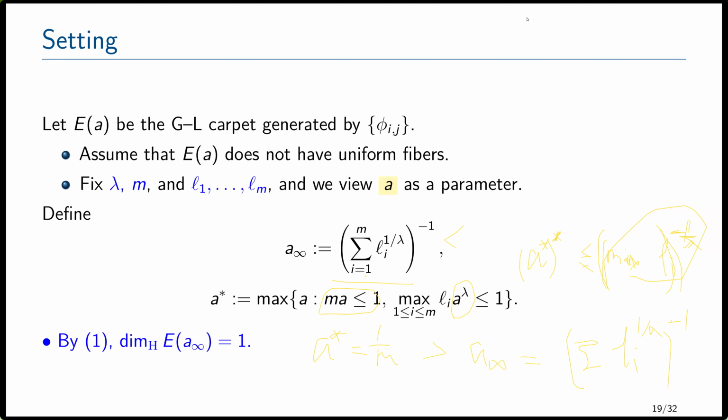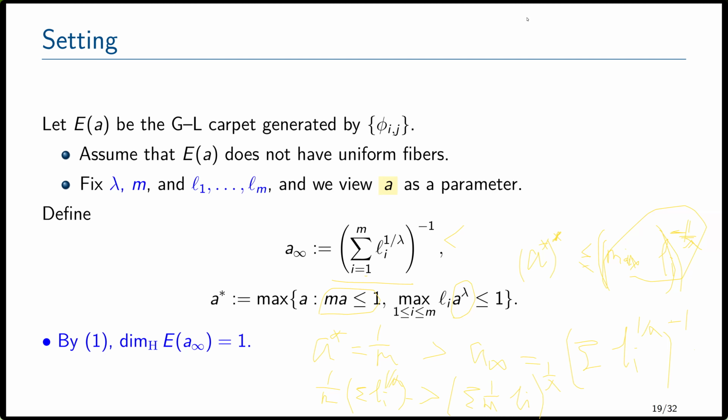So if we multiply this sum by 1 over M, we apply Jensen inequality, since x to the power 1 over lambda is a concave function because lambda is greater than 1. So we get it is greater than the sum of 1 over M times Li to the power 1 over lambda. And the sum of Li is how many rectangles we have, divided by M, and M is how many columns we have.